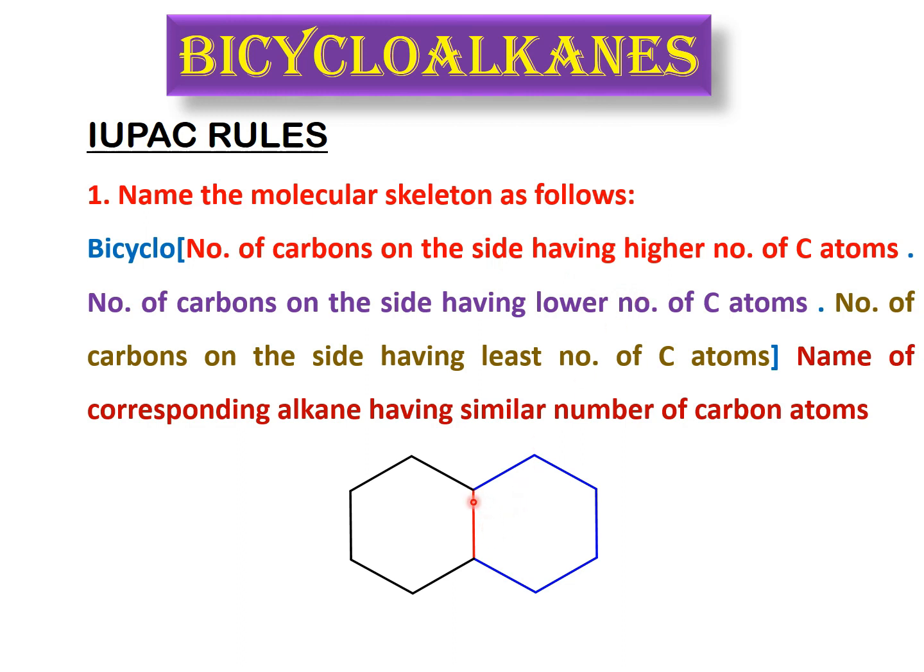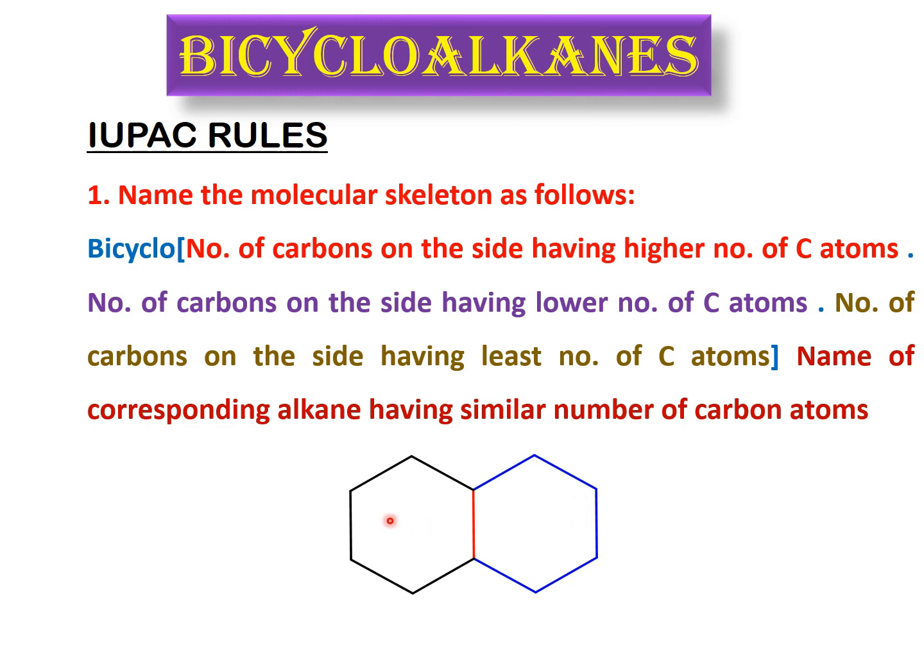If you look at this bridge, this right hand side, the blue side, has 1, 2, 3, 4 carbon atoms, and the left hand side, the black side, has 1, 2, 3, 4 carbon atoms, and in between these two bridgehead carbon atoms there are no carbon atoms, right? So we have two sides with similar or highest number of carbon atoms.